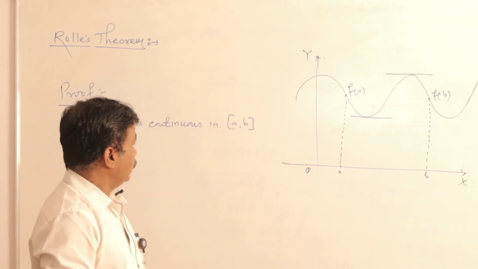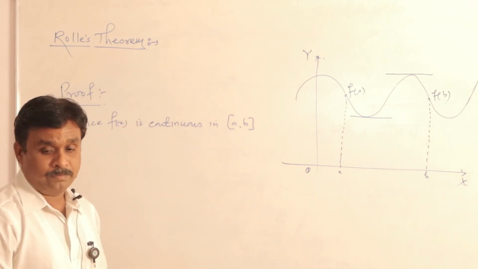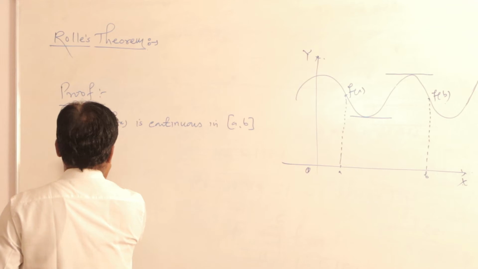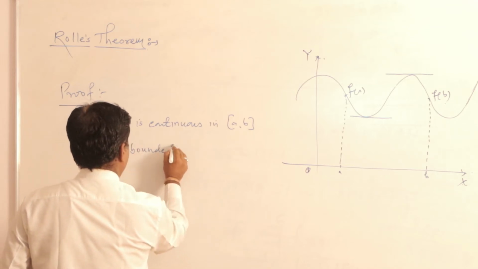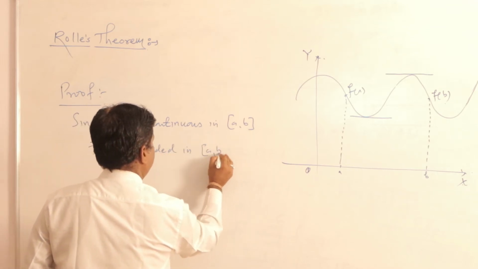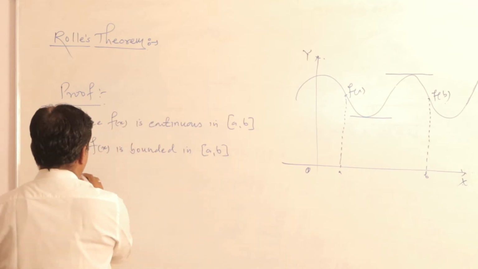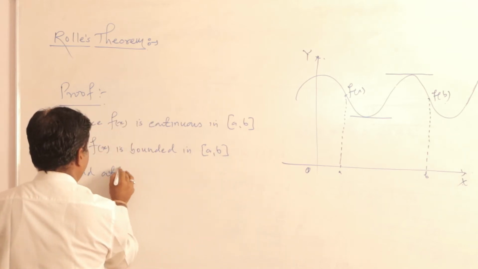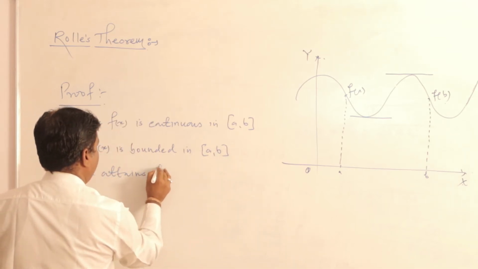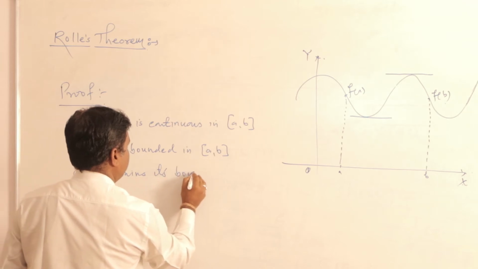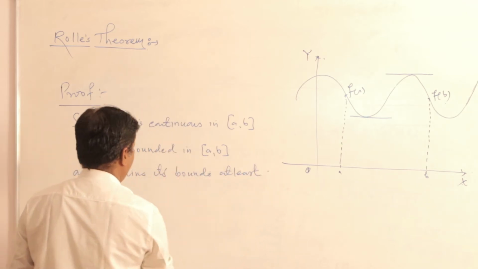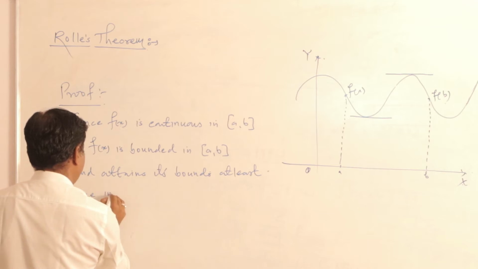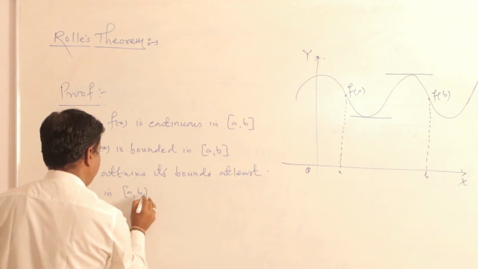So by using these theorems, f(x) is bounded in the closed interval [a, b] and attains its bounds at least once in the closed interval [a, b].